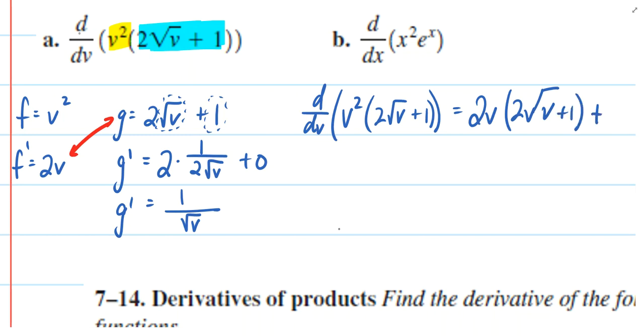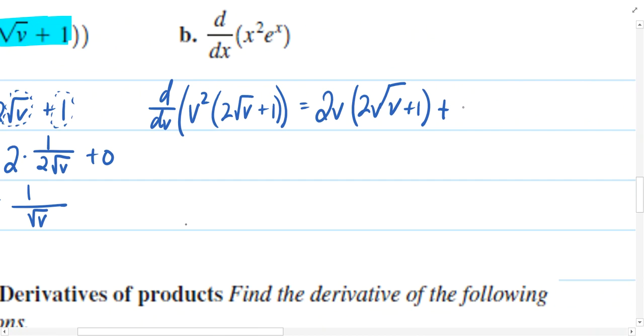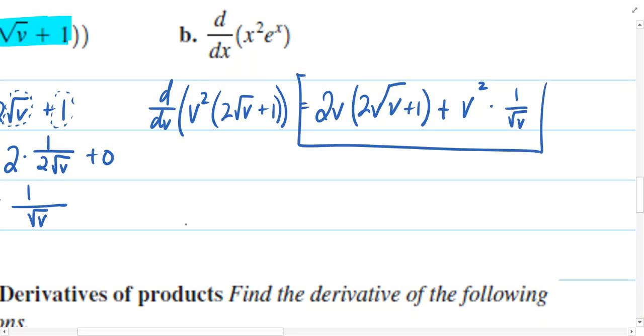To that, we would add the product of this diagonal, which is v squared times 1 over radical v. And that's an okay solution. That's a decent solution. That does represent our derivative.